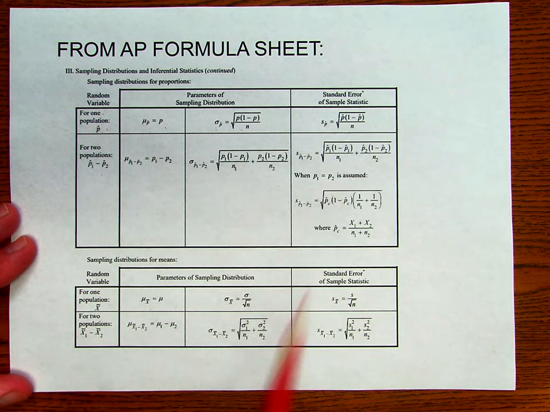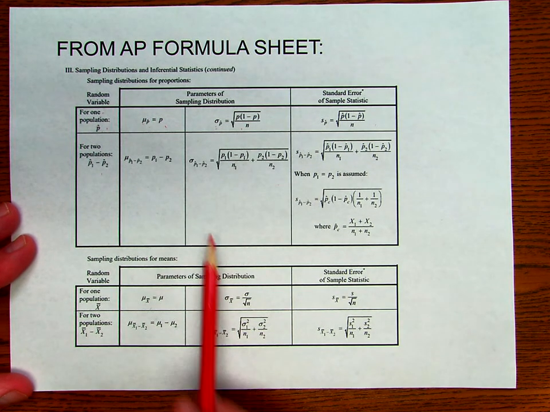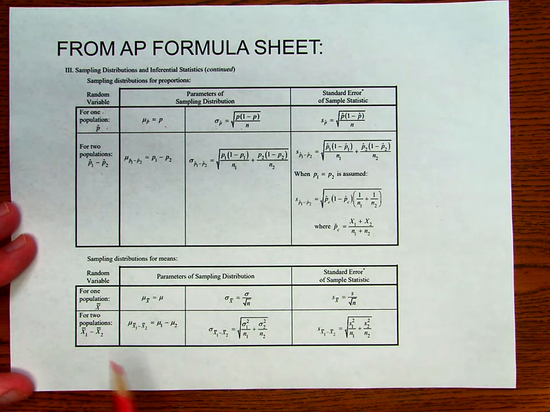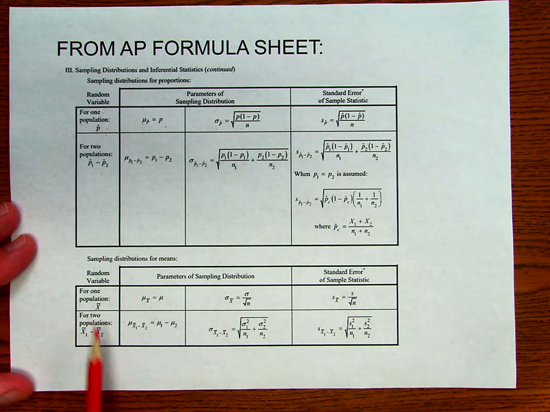We didn't get to that yet. And the upcoming lesson in the next day or two is going to be the same basic ideas, except instead of doing it for proportions, we're going to do it for means. I believe it's the next section in the book that addresses this part of the formula sheet.